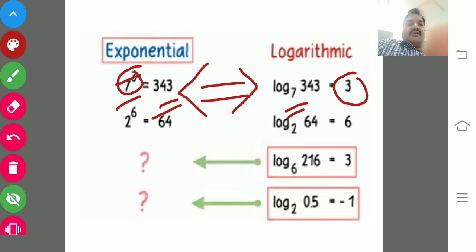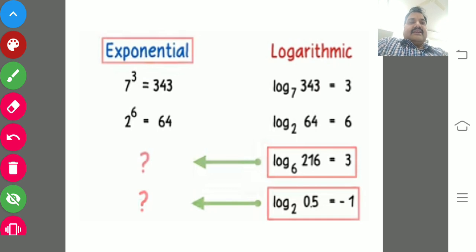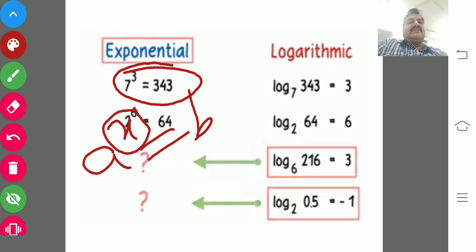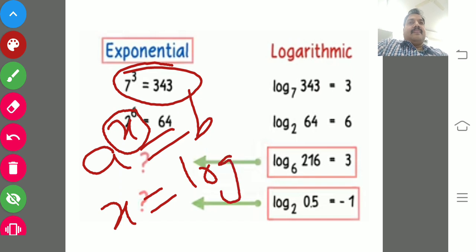That's what. Why don't we write like, if a power x equals b? It is there in exponential notation, a power x equals b. Can I write it so? Because the power is the answer in logarithmic notation. So x I would like to write here, and log you just apply.